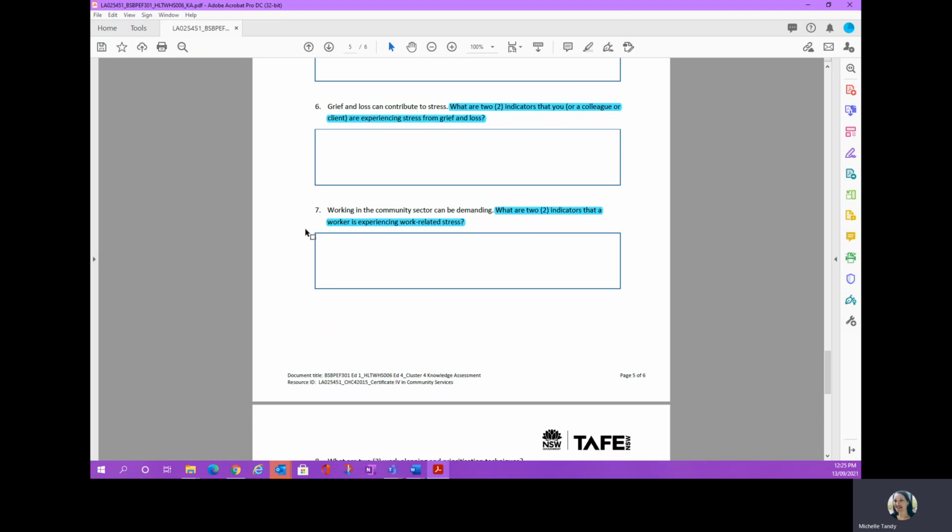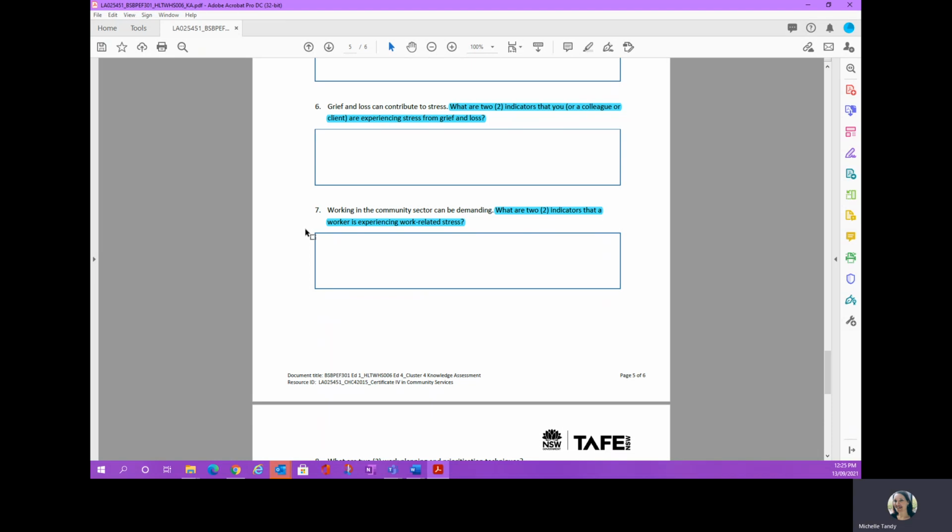So we only want you to name 2 indicators for your answer, and they need to be specific to work-related stress. So what are the telltale signs of yourself, or a colleague or a worker in general are experiencing work-related stress?